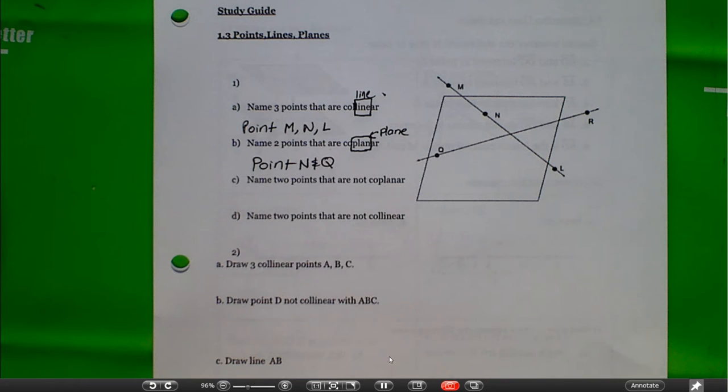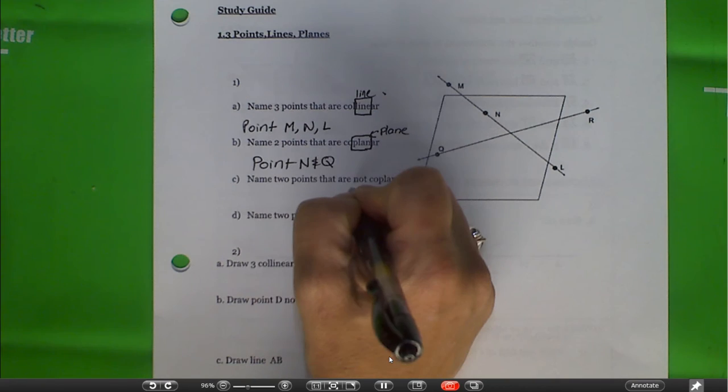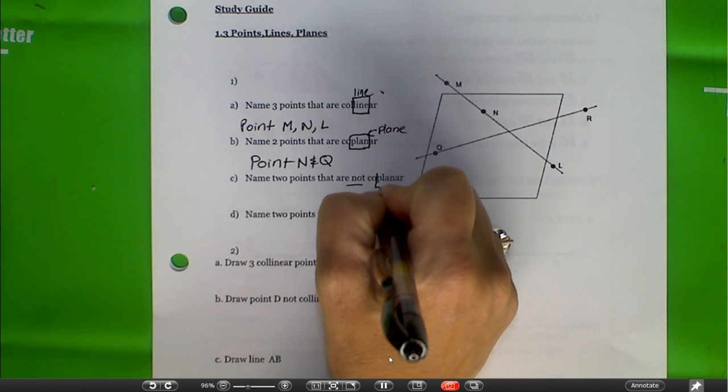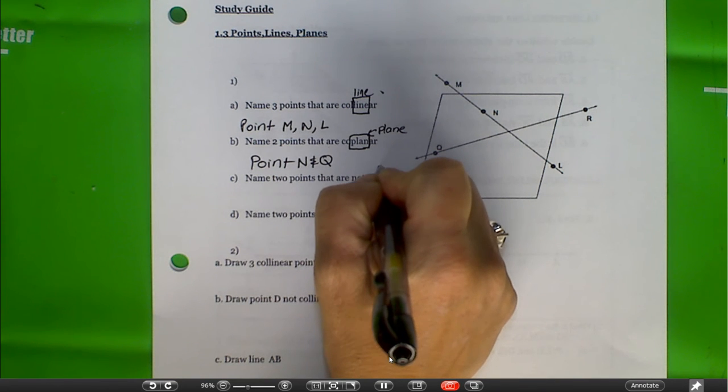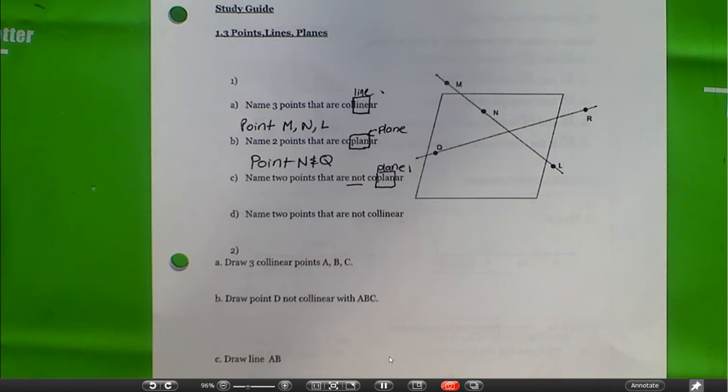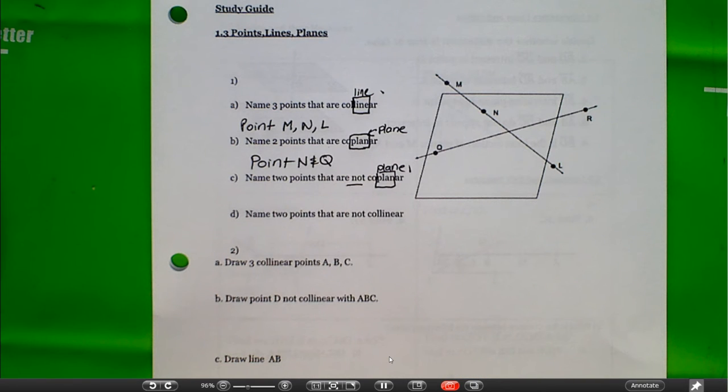Now it says name 2 points that are not coplanar. Remember, planar is like the word plane, so we want 2 points that are not on the same plane.